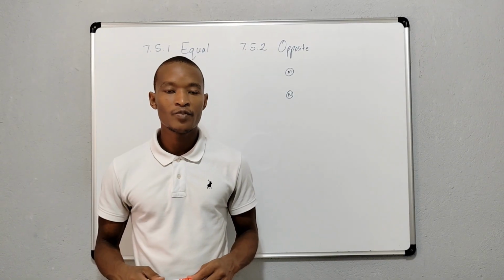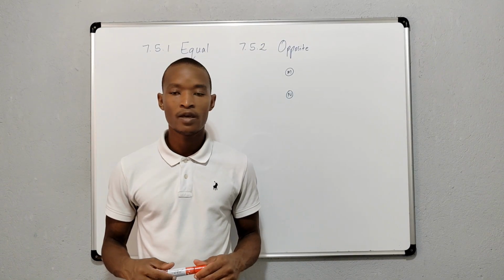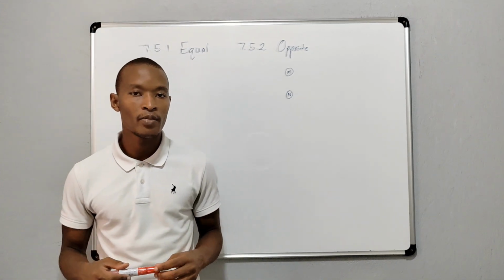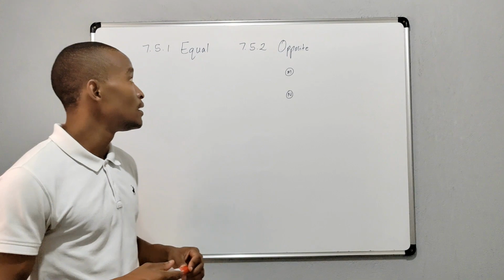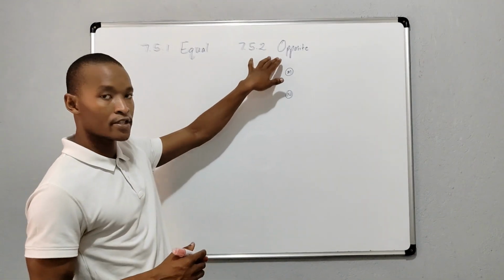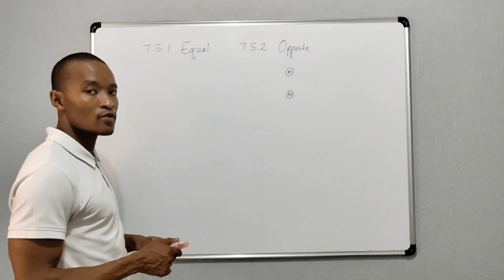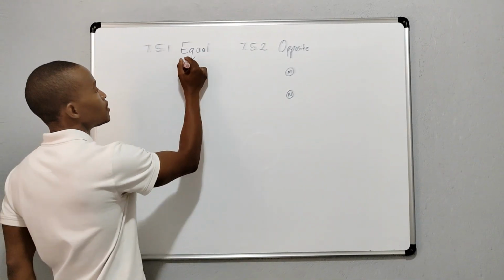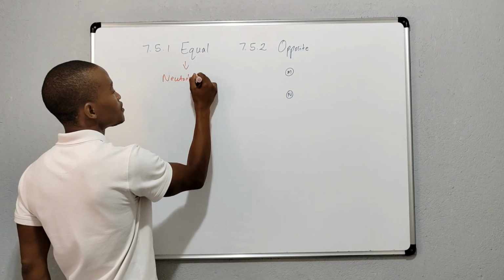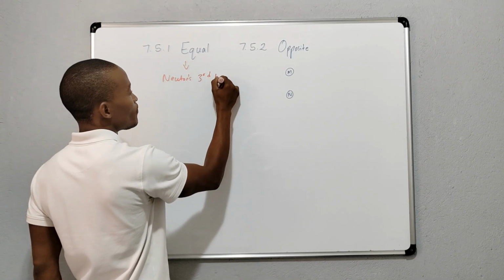Alright, so for 7.5, there are 2 sub-questions there, and we are asked to compare. How does the force exerted by sphere M on N compare in terms of magnitude and direction? Obviously here, in terms of magnitude, they'll be equal. And that reminds us of what? Newton's third law.